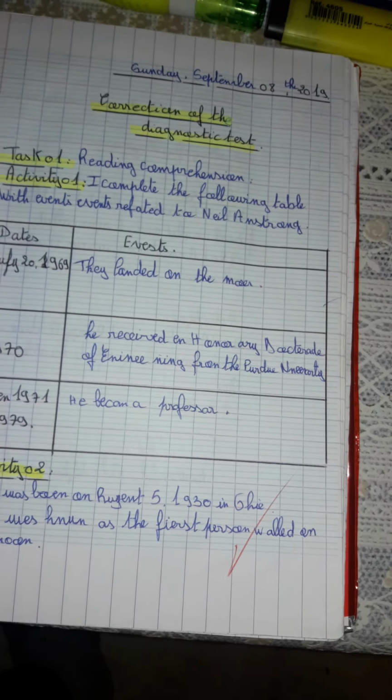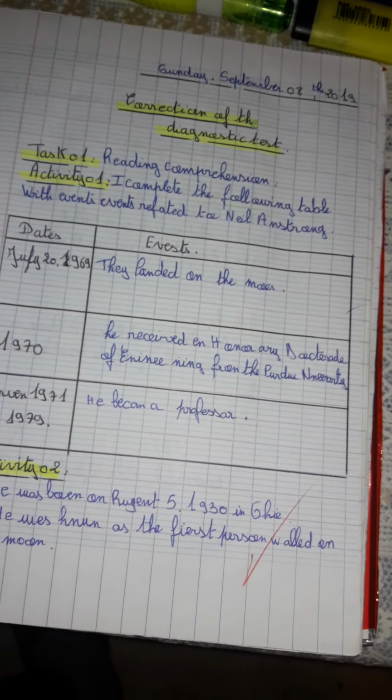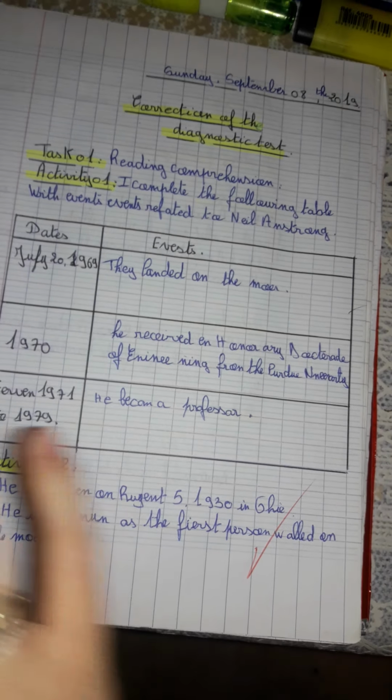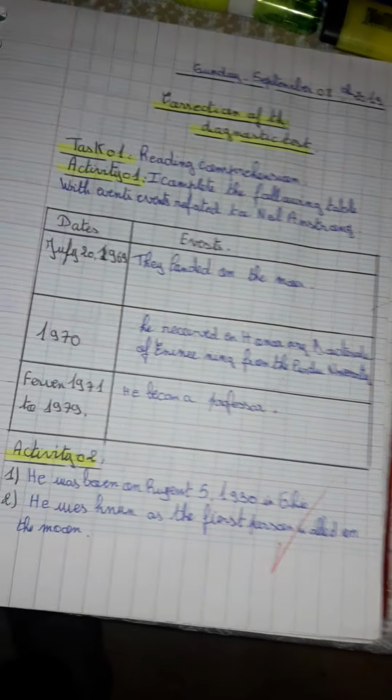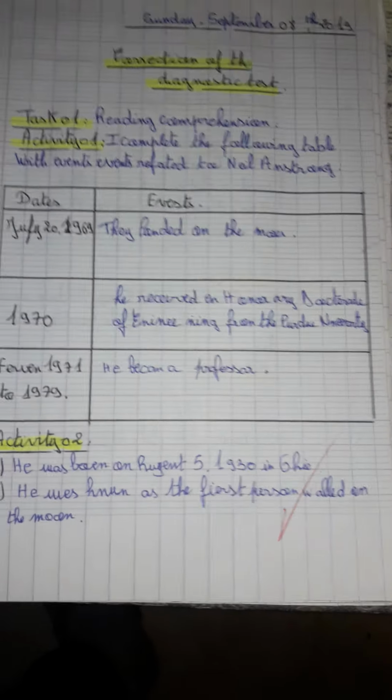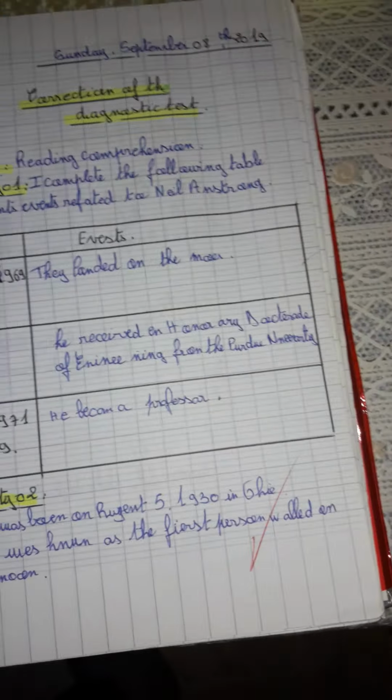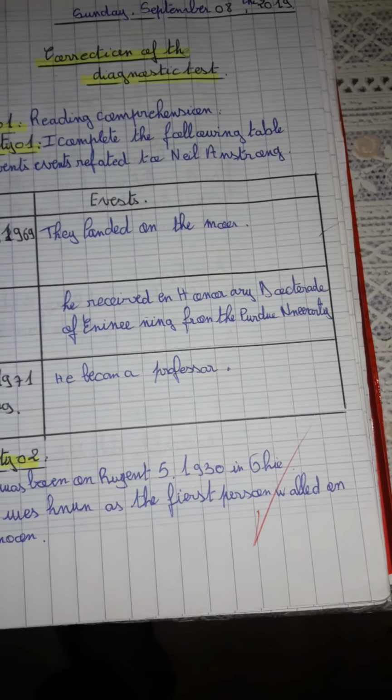After they write their full name, the subject, the class, and the school year, we move to the correction of the diagnostic test they sat for after the first session, which was devoted to the first contact.